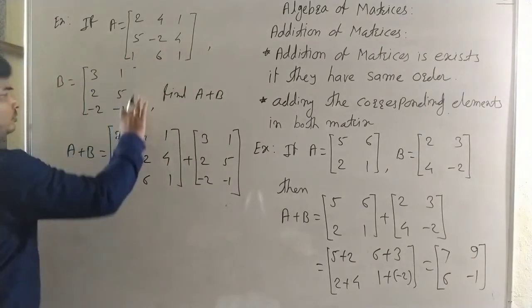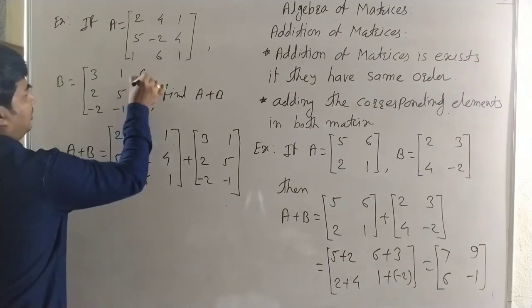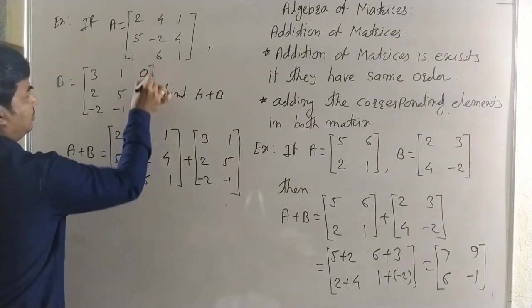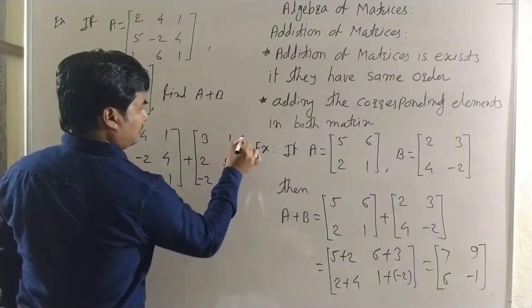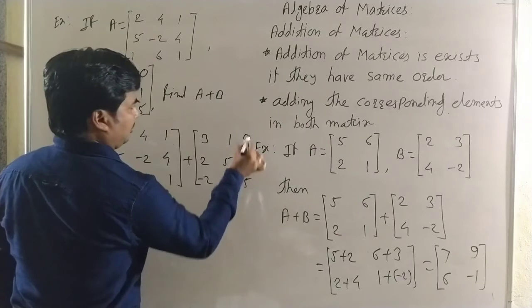Okay, now we take an example with the same order. Here it is 0 1 5, and here we take 0 1 and 5.